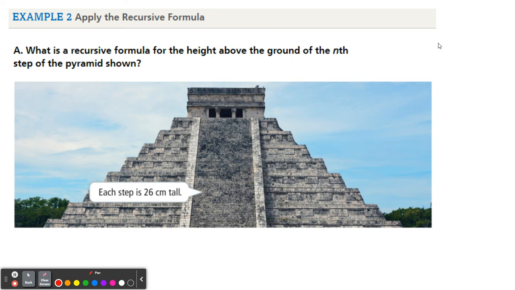We're trying to find the height above the ground for the nth step, so we're going to let a sub 1 be the height of the first step. Well, that's going to be 26, because that's where it starts. So the first term is 26. That means that the first step is 26 centimeters off the ground.